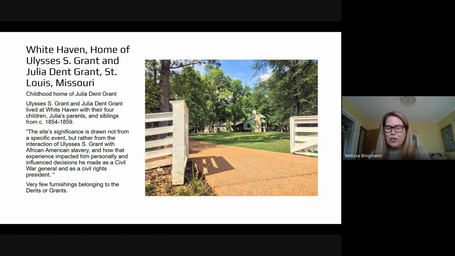And if we don't furnish it, then what do we do? Okay, so they chose not to furnish it. And what I found is any site that I have gone to that does not have furnishings to show what it looked like when the person lived there forces them to talk more about the stories of the site and the people.